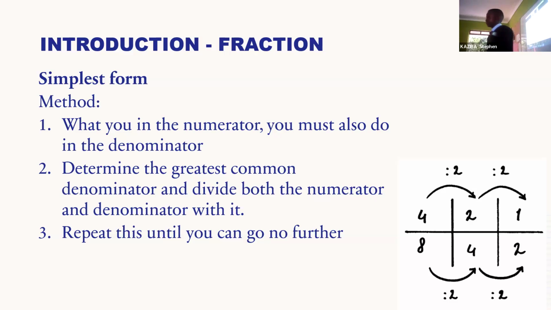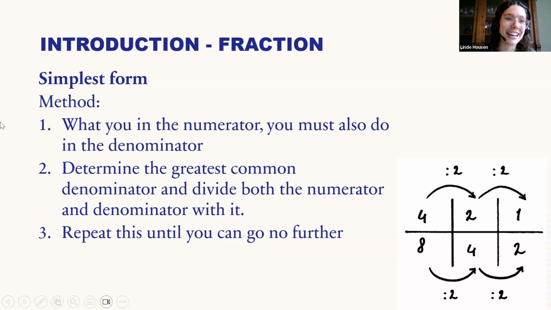Thank you. Okay, perfect. An example would be 8 on 64, because we know that 64 is divisible by 8, and 8 is divisible by 8. So if we divide by 8, we will already have 1 on 8.